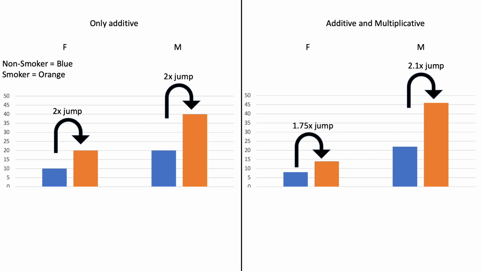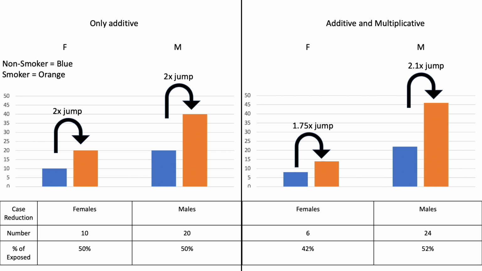Another way to look at this is to go from smoking to non-smoking, which is in the reverse direction. Under this class of thinking, the table shows reduction in numbers, also known as attributable risk. On the panel on the left, we see that if people's smoking habit was taken away, then 10 cases in the females and 20 cases in the males will be curtailed, or a 50% reduction of the smoker cases in both males and females.